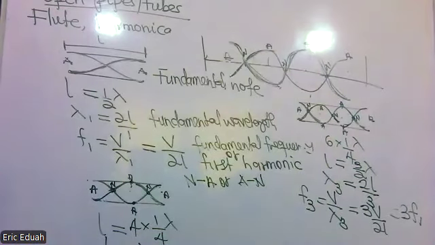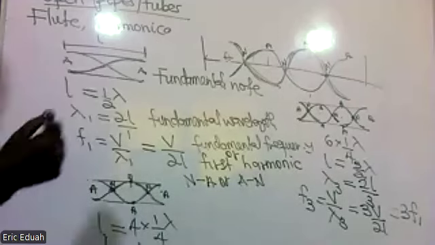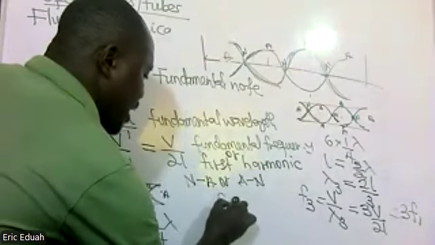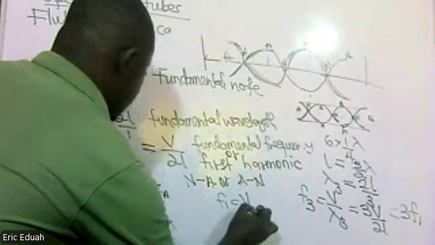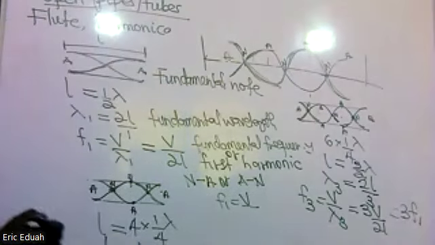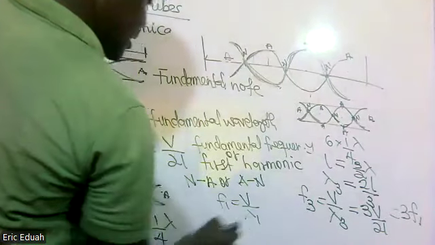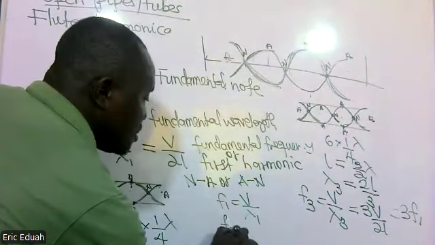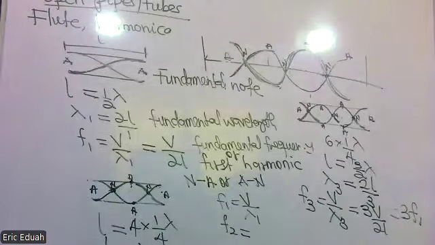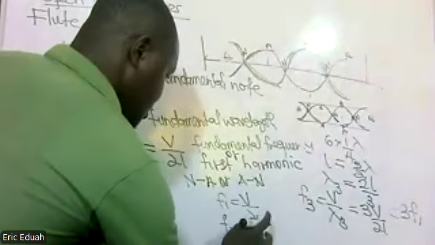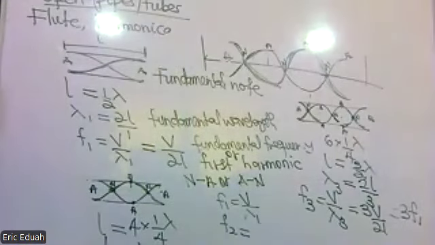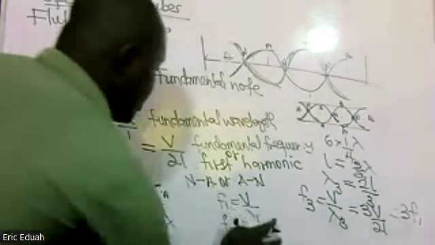So if we look at the harmonics for open pipes, we have F1 equal to V on lambda 1, which is V on 2L.